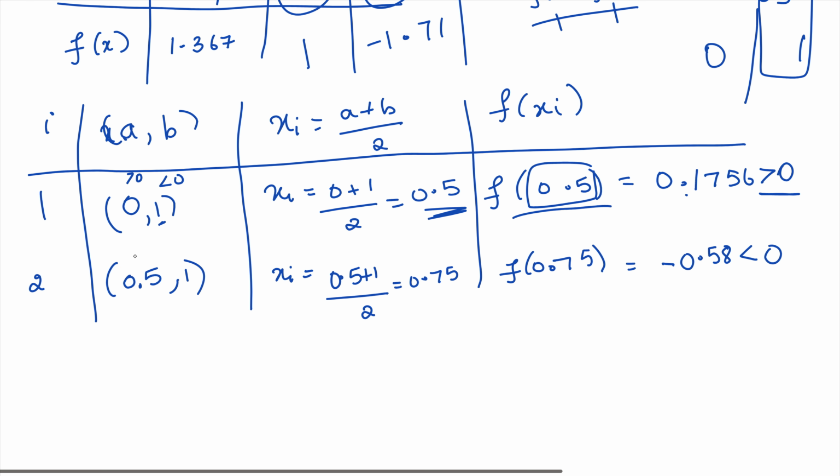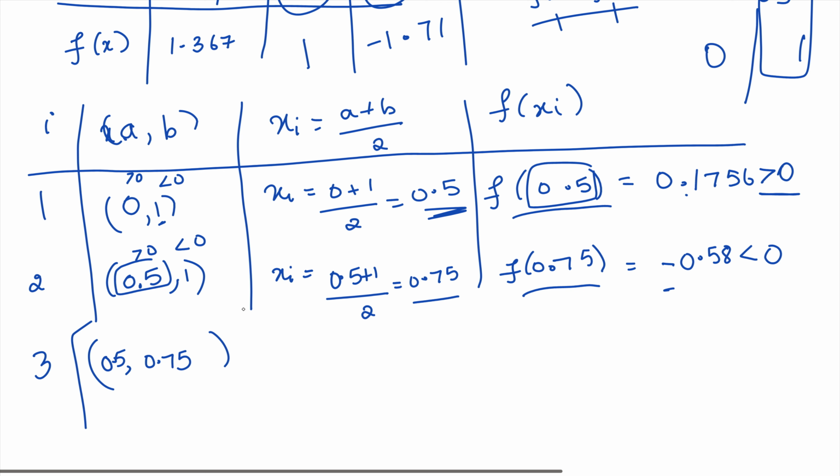So here 0.5 was giving us greater than 0, 1 was giving us less than 0, and now the new middle value is again giving us less than 0. So we'll include 0.75, and from the previous interval we take the one giving greater than 0, which is 0.5. Now our root lies between 0.5 and 0.75.